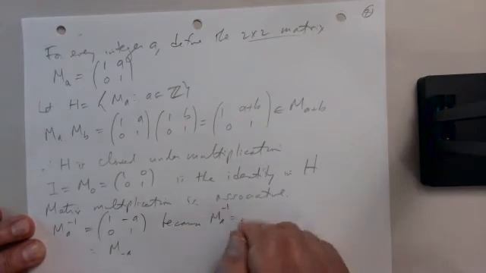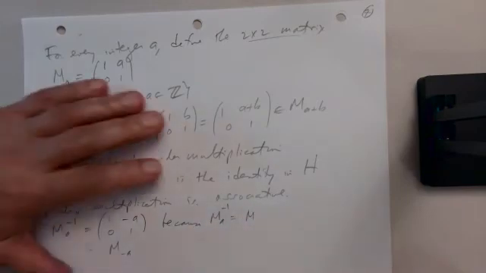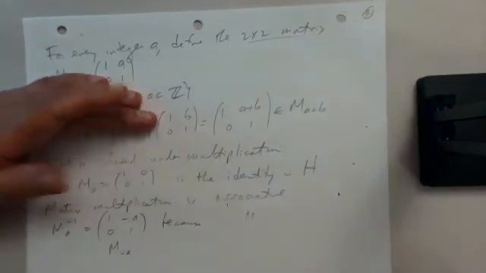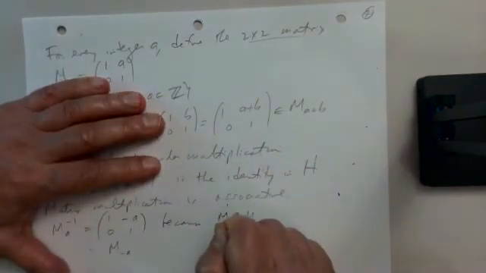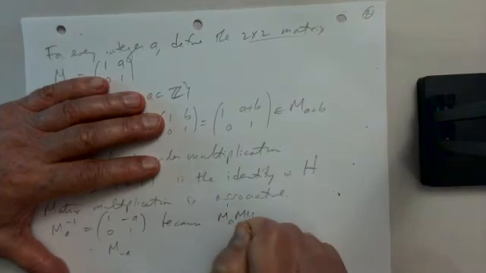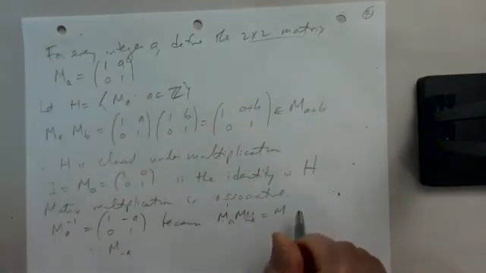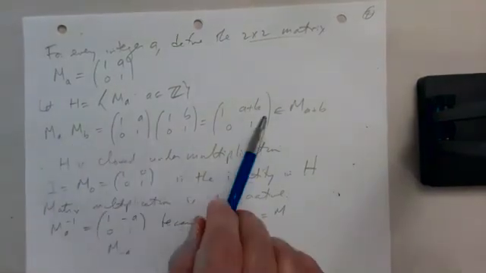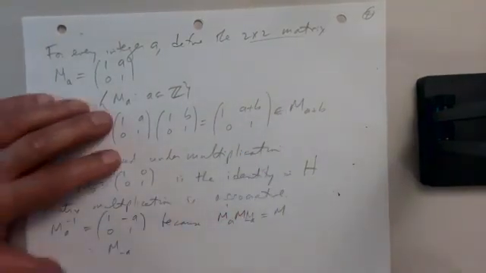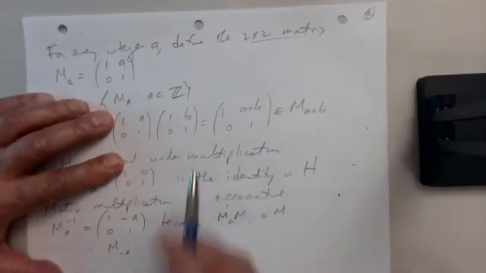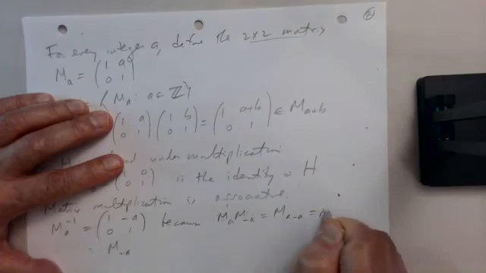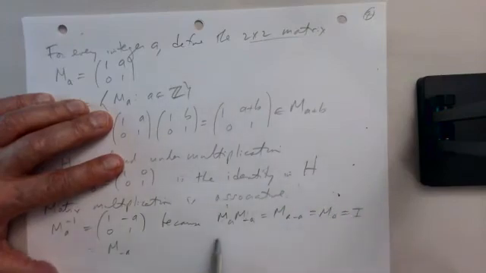And if I take M sub A times M sub minus A, this is the multiplication rule: MA times MB is M sub A plus B. So MA times M minus A is M sub A minus A, which is M0, which is the identity.